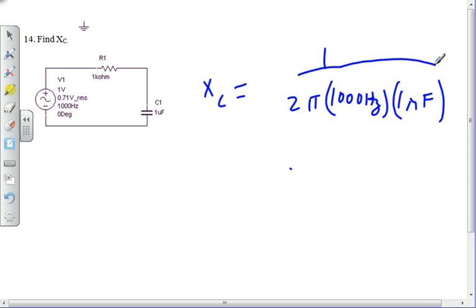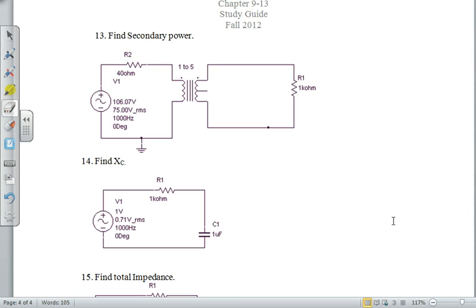So 2 times pi times 1000 times 1 E minus 6, then 1 over that, equals 159 ohms. I'm done. That's all there is. Lots of other stuff there, but I just wanted X of C, so I'm done.